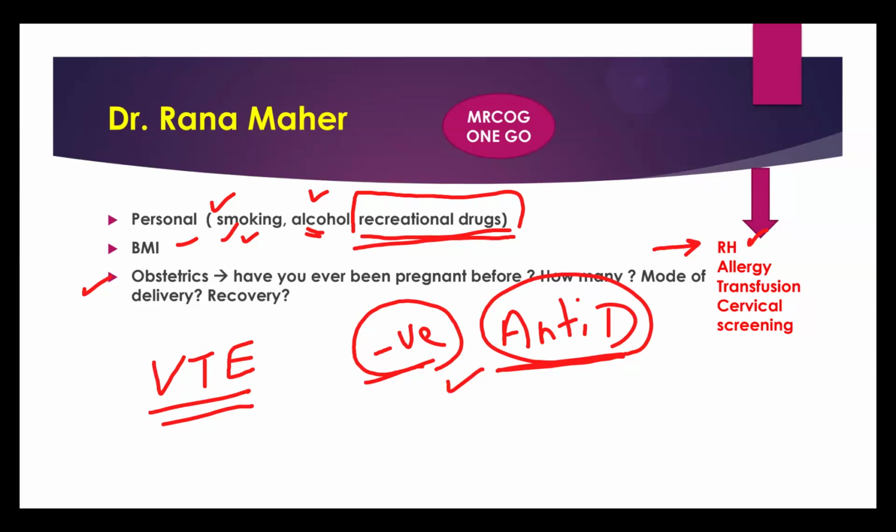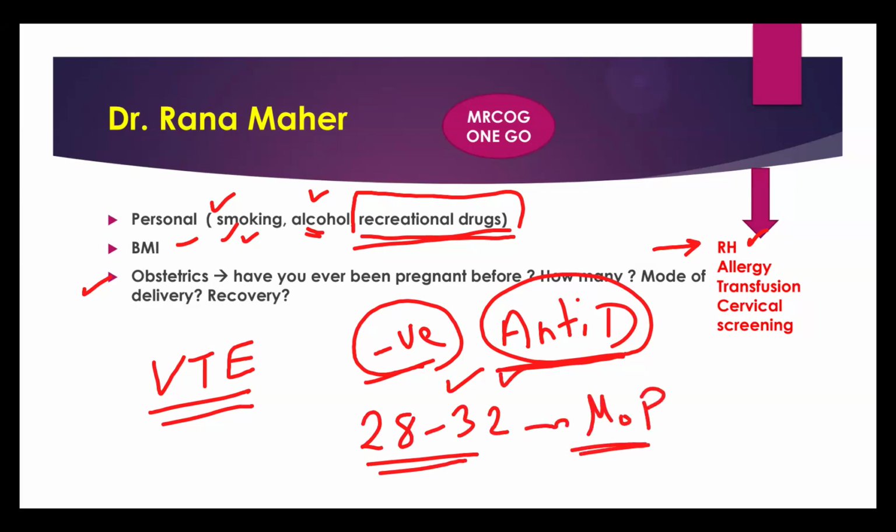So what we can do at that time, we will offer you an injection, and this injection will be given during the pregnancy between 28 to 32 weeks. This anti-D will mop up all the blood cells escaped from the baby. Very simple. And again, we will offer you this anti-D immediately after the delivery.